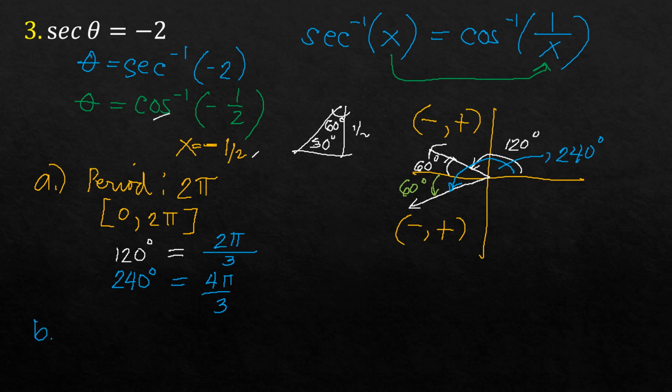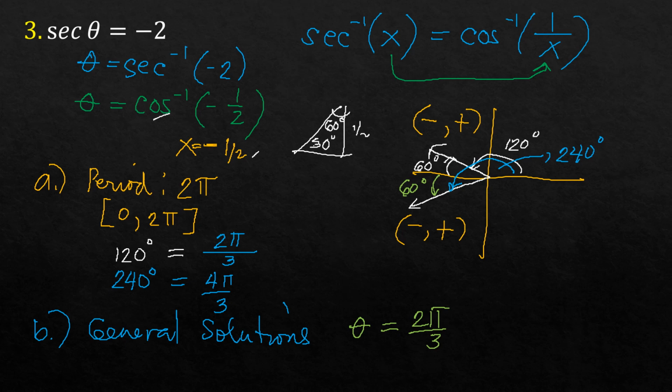In the general solutions now, we are using these two angles found on the interval. Therefore, the general solution is theta is equal to 2 pi over 3 plus, since the period is 2 pi, 2n pi. The other is theta is equal to 4 pi over 3 plus 2n pi.